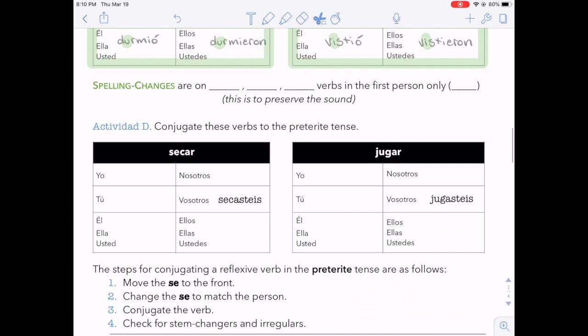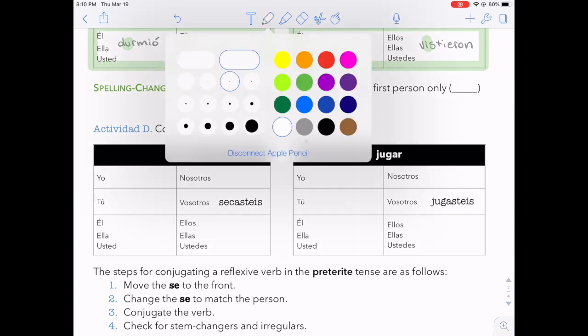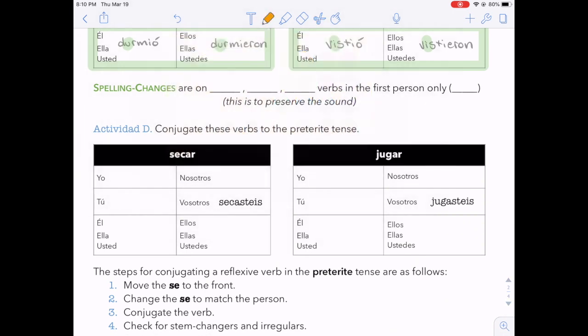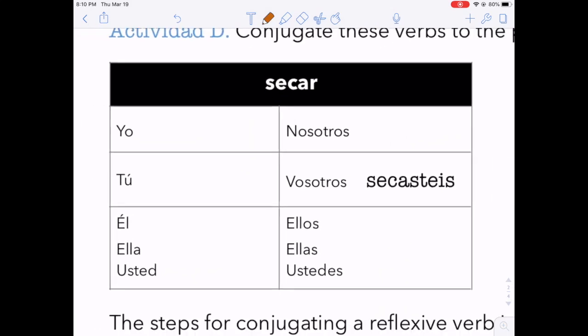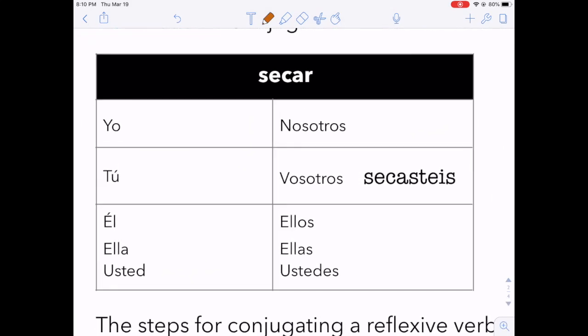Spelling changes happen in the yo form. And these are going to be on our car, gar, zar verbs. That means when we look at these AR verbs, we're going to conjugate them like normal AR verbs, but we're going to change the first ending. So that will give us seké.